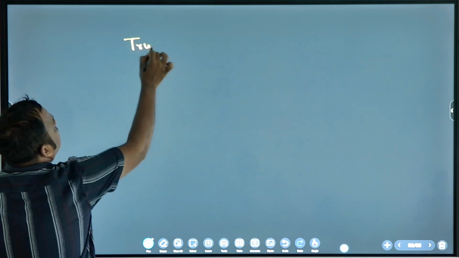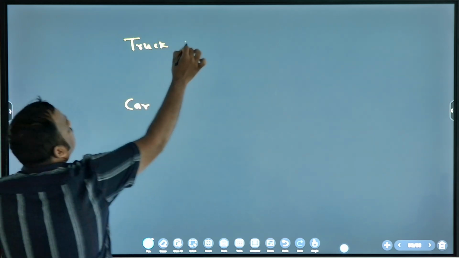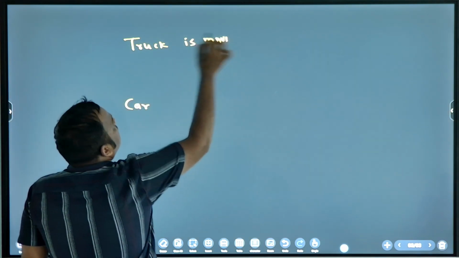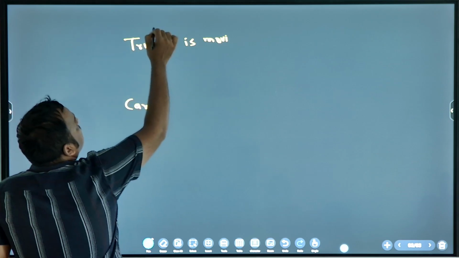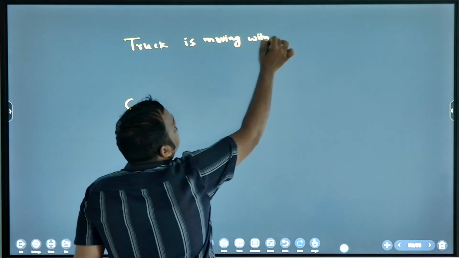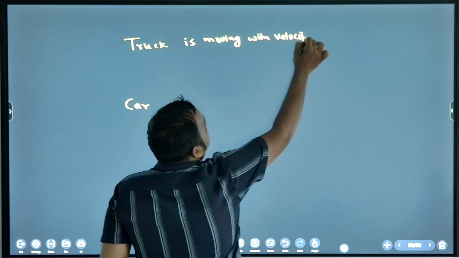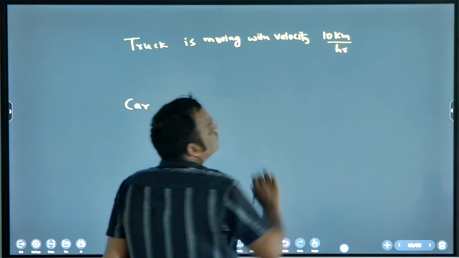So write down one question. Suppose one object is a truck, another object is a car. The truck is massive, more mass, correct? The truck is moving with velocity 10 kilometer per hour.